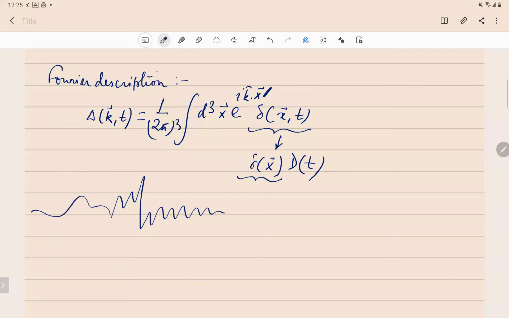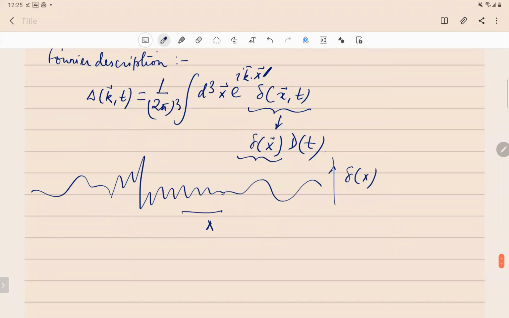If you plot it, imagine this is in 1D. You have some sort of an overdensity field as a function of x, a field of fluctuations, and for simplicity let's assume it's one-dimensional.